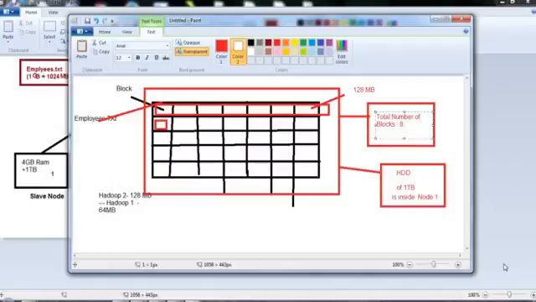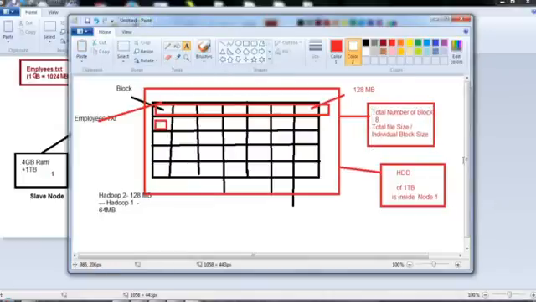And how are we calculating it? Total file size divided by individual block size. This is the way we are calculating, right?